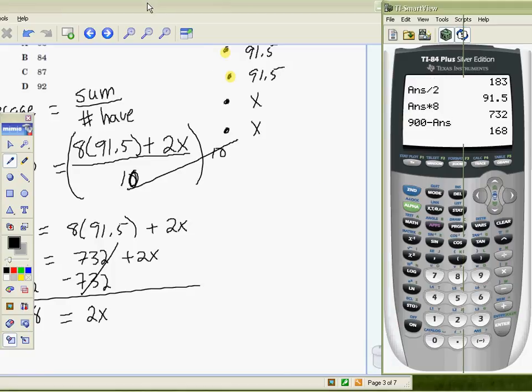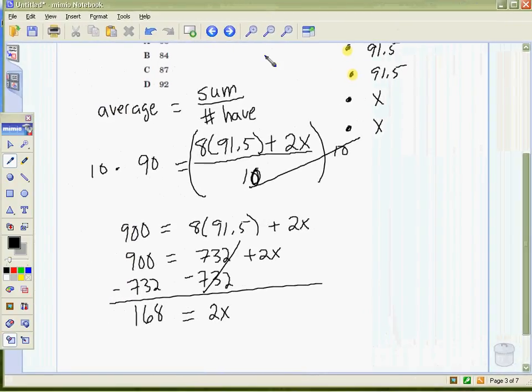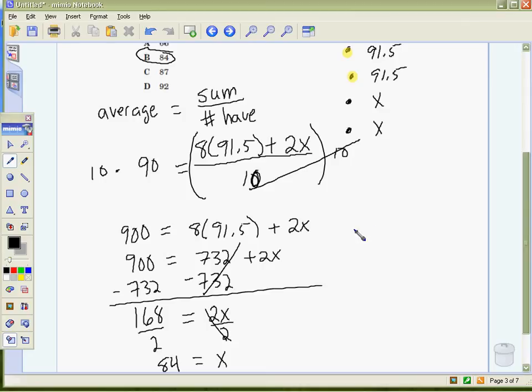That's correct. Divide by 2. And I get that x is equal to 84. So that tells me that Anthony needs to score an 84, choice B, on his project in order to have a final average of 90.